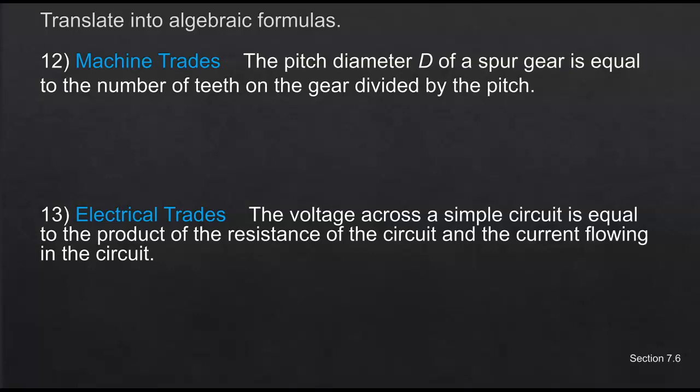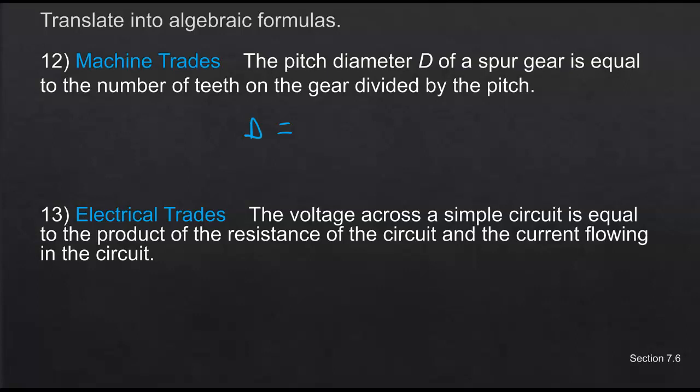The pitch diameter D of a spur gear is equal to the number of teeth on the gear divided by the pitch. So D is equal to the number of teeth on the gear divided by the pitch. Now we can decide what we want to call these.